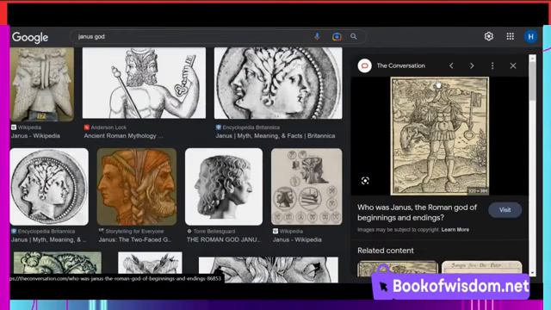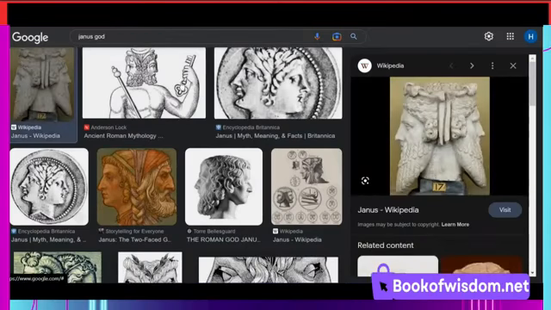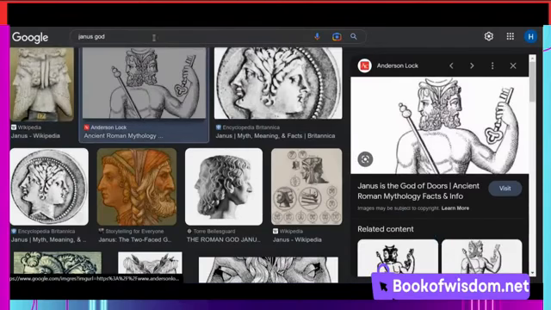You're going into somewhere, there's always two sides of a door. He's always depicted with two faces and a key, because he holds the key to the doorways, to the portals, to other worlds and realms.